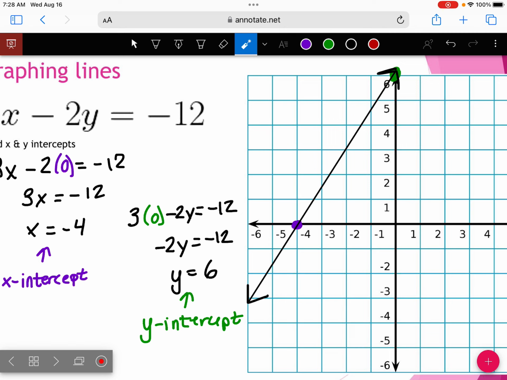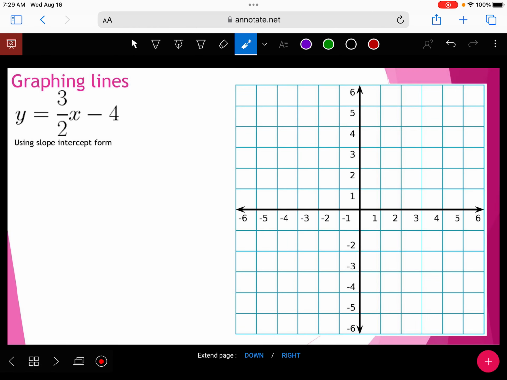Our last way that we have graphed that should hopefully be familiar, since probably the one we are most familiar with, is our slope-intercept form. Y equals mx plus b. And it's all about matching things up.